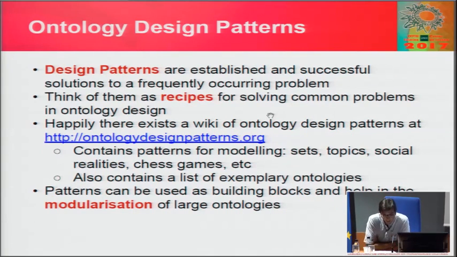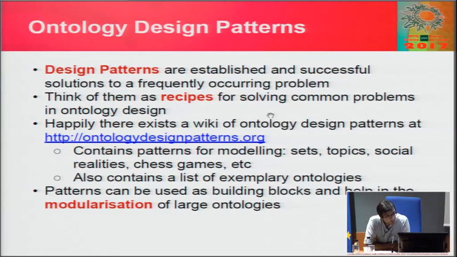So finally, in this section, I want to very briefly mention ontology design patterns, which are established and successful solutions to frequently occurring modeling problems. You can really think of them as recipes for solving common problems in ontology design. They also tend to make ontologies more modular, and if you have a large ontology, it's much more manageable if it is broken up into different modules.